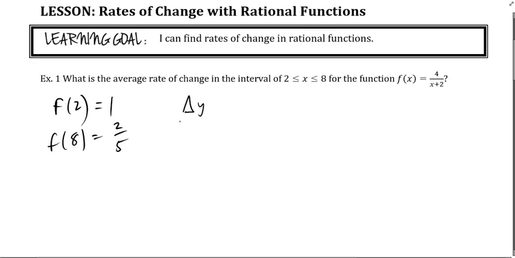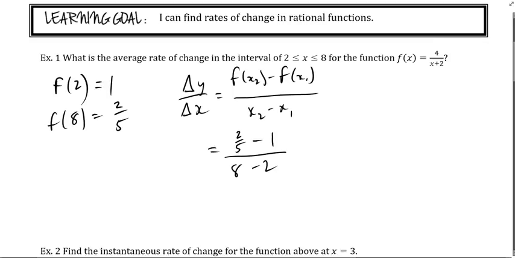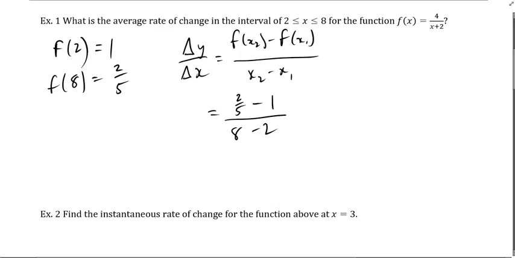Okay, so the change in y's over the change in x's is f at x2 minus f at x1 over x2 minus x1. So if I call 8 x2 and f at x2, I get 2 over 5 minus 1 over 8 minus 2. So that's negative 3 over 5 over 6.